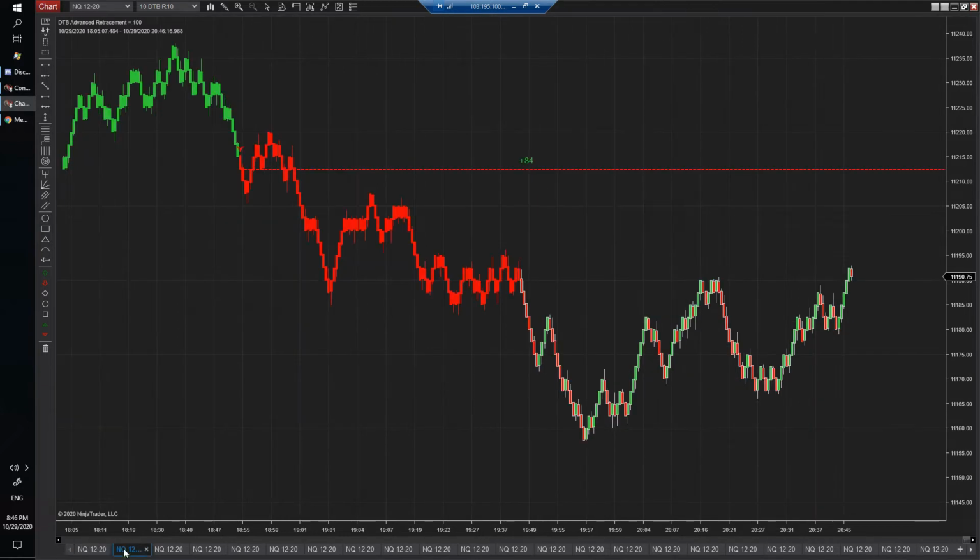helps with the chart positioning when we set up the signal chart, which we will cover in our next video. The second indicator is the advanced retracement. So this advanced retracement is also set to a value, a customizable value, and it works on ticks. At this setting that we have here, we've got a 100 setting. So every time the price retraces a certain value, 100 ticks in this example, it's going to draw a line.